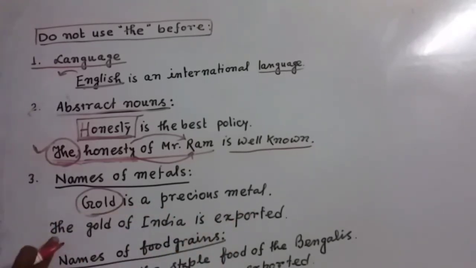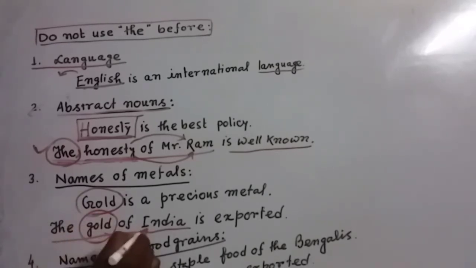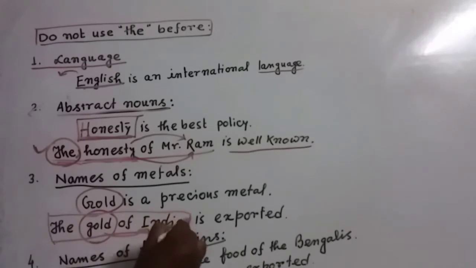But look at this sentence, my dear friends. The gold of India. Here, this is the name of the metal, and with it, the name of a place is attached. That means by using this term, we are particularizing this object.